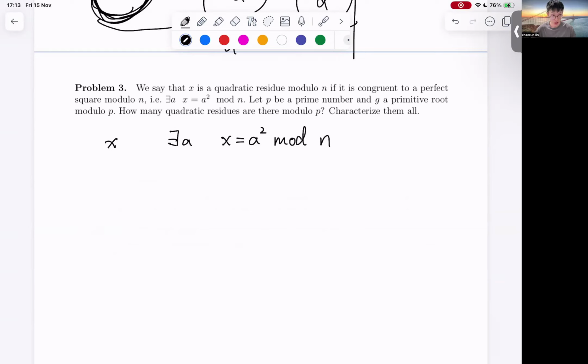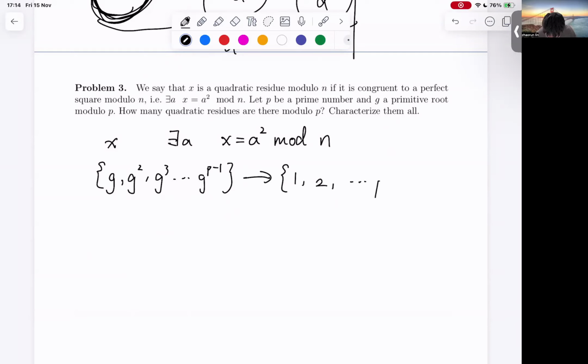This is actually very straightforward. Since we know that a primitive root exhausts all of the p minus 1 elements, we can map this set to this set, not in this exact order, but we can map from one set to the other.